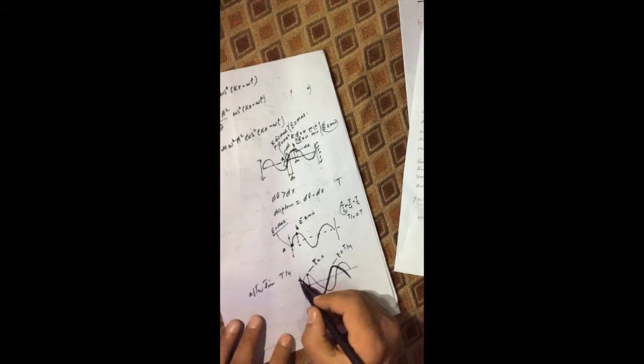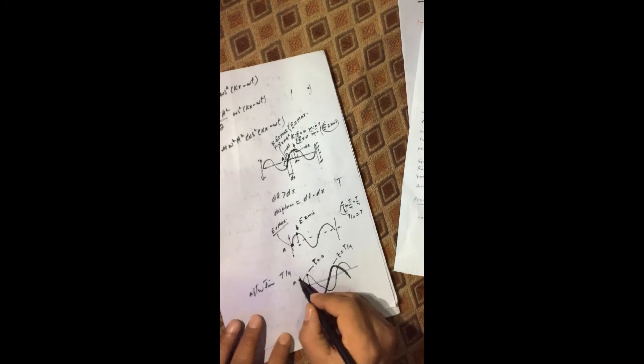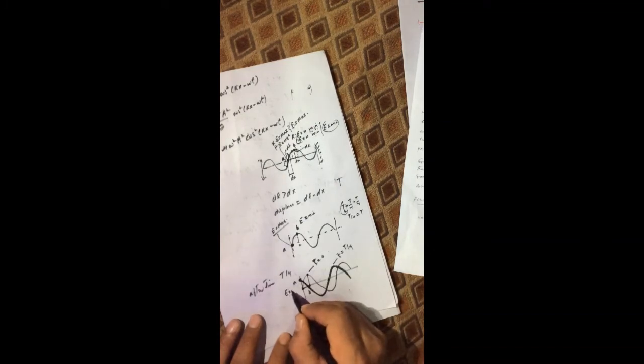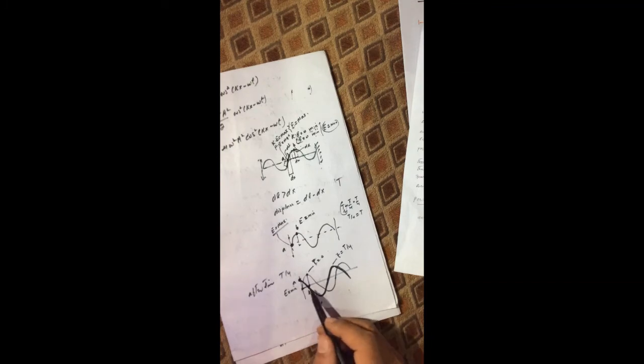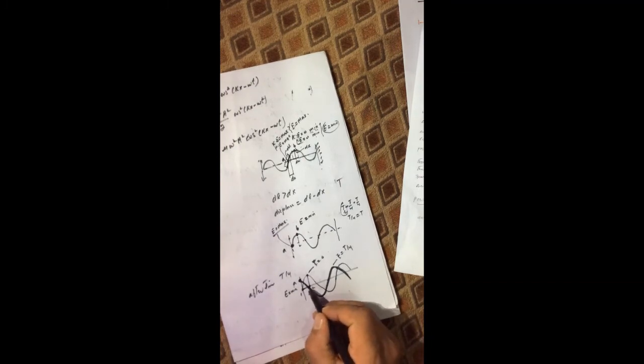So now particle A is here and particle B is here. Here the total energy is minimum, I can say 0. Here the total energy is maximum. Initially the maximum energy was here; now the maximum energy has transferred from position 1 to position 2. In this way energy is transferred from one point to another.